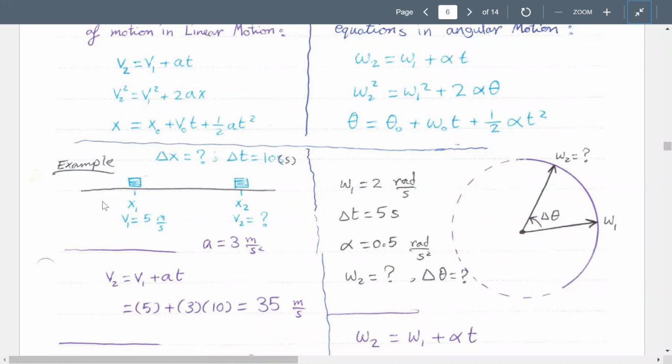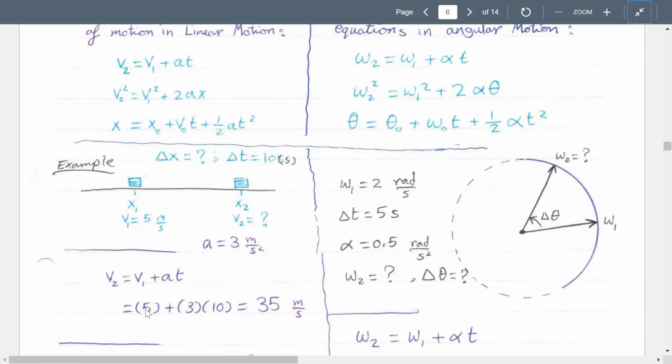For example, like you see in the exam, we have X1, X2, and the initial velocity, which is 5 meters per second. We don't know the final velocity. We have the acceleration. During 10 seconds, I need you to find the final velocity. You will use the first equation, the most simple one: V2 equals V1 plus AT.